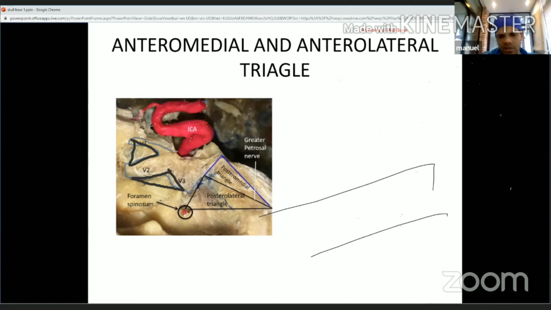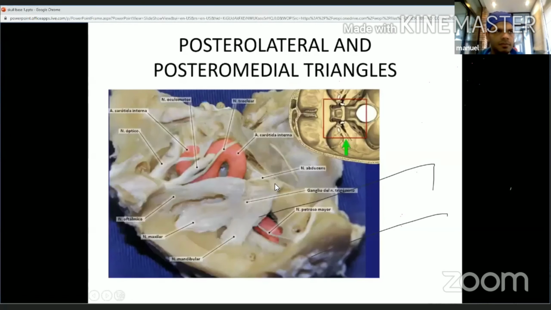Go next, and we're going to talk about the limits now. Go next, John, please. Yes, exactly. Next. Okay, so this triangle is between maxillary and mandibular. We have the anterolateral triangle. Next.